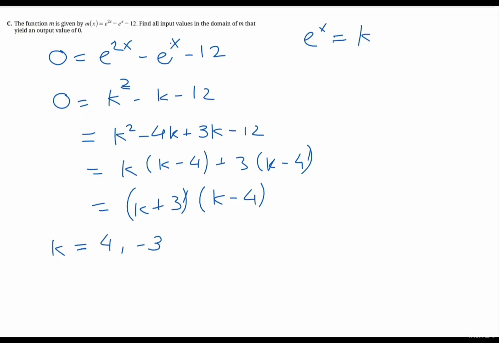Now since k was e to the power x, I have e to the power x, which could be equal to negative 3, or I have e to the power x, which could be positive 4.